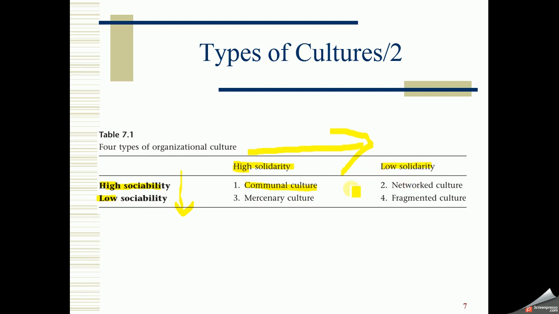One with low solidarity and high sociability will be a network culture, and similarly we can have a mercenary culture and a fragmented culture in which we have low solidarity and low sociability. Let's see some more details of all these four kinds of cultures.